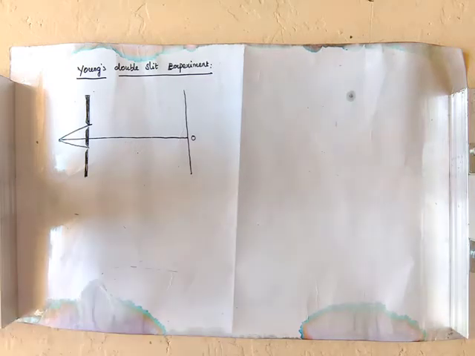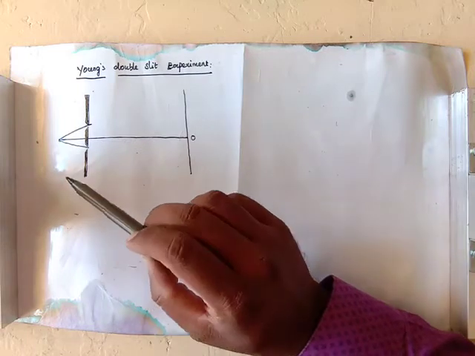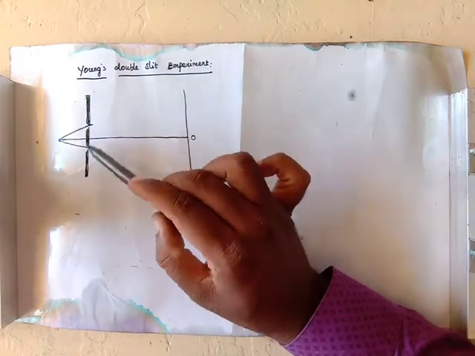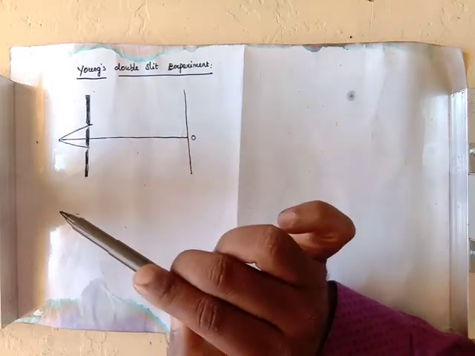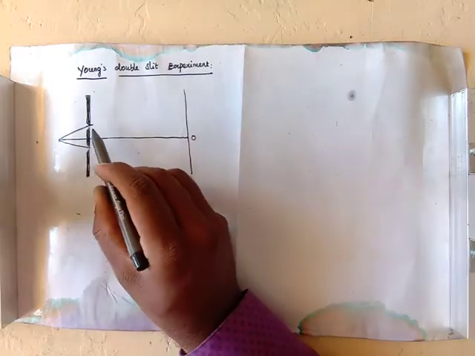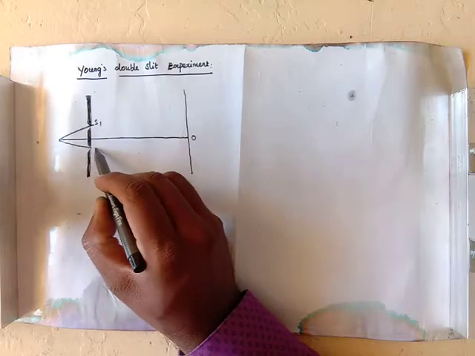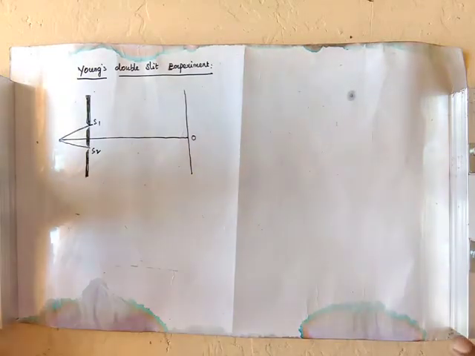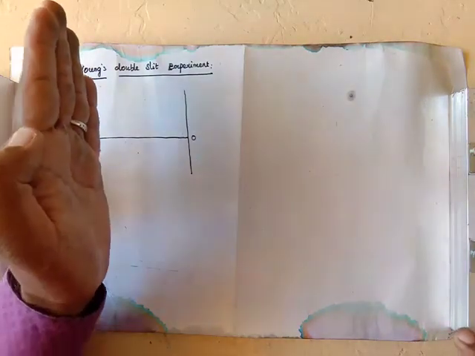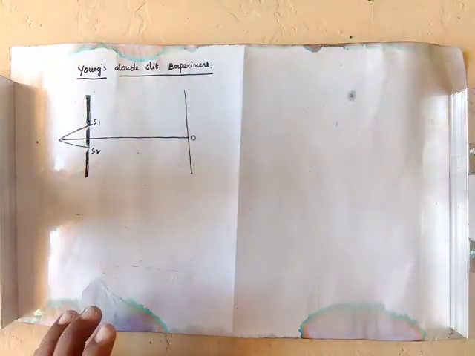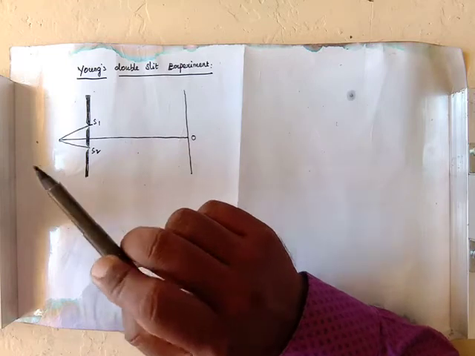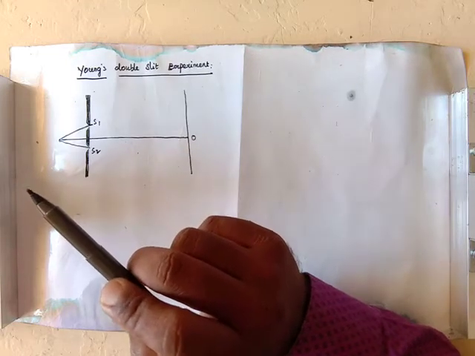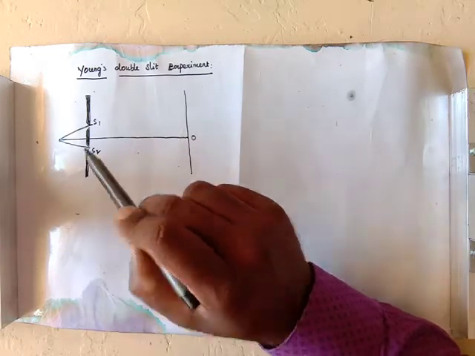Young's double slit experiment. For this we consider one opaque medium. This opaque medium has two holes, so they behave as sources S1 and S2. We make the two holes in the opaque medium to act as sources of light, S1 and S2.